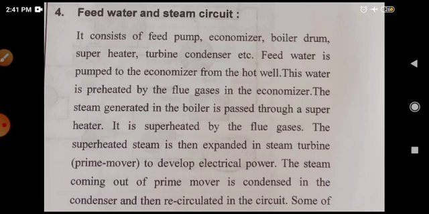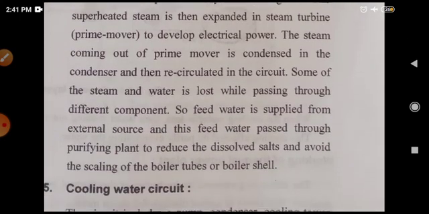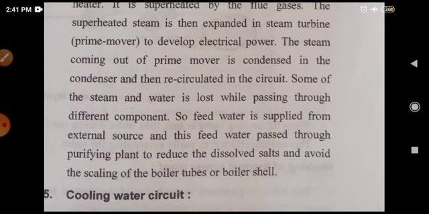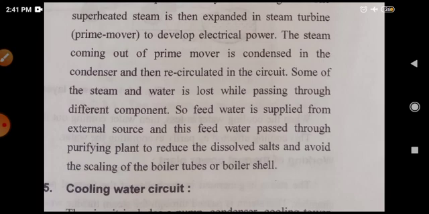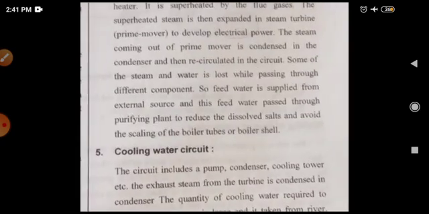After formation of steam, it is expanded, and flue gases are exhausted by the chimney. The steam exhausted from the turbine is then again used to heat the feed water in that circuit, which is called the economizer, in which with the help of the exhausted steam, the water is raised by some temperature.